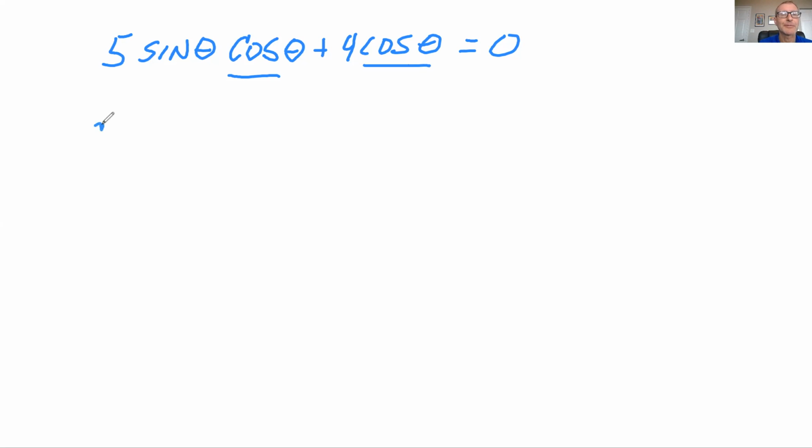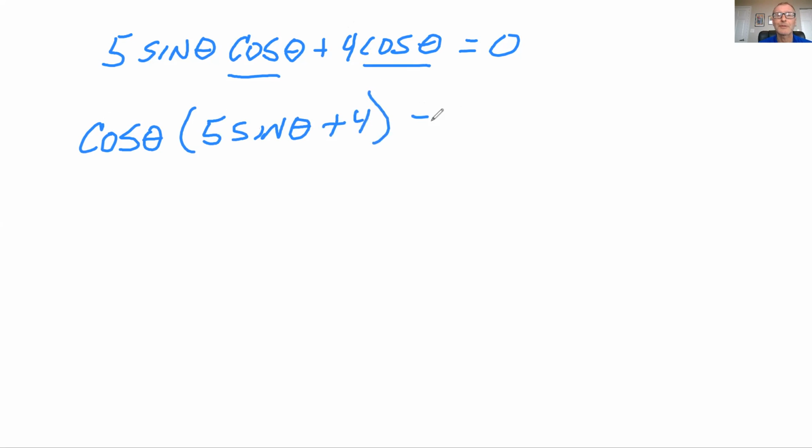So if you do that, you would have cosine of theta, and then we could have 5 sine of theta, and that's what's left in the first term. What's left in the second term is just the 4, so that would be plus 4 equals 0. So when you solve this, the first solution would be cosine of theta equals 0.